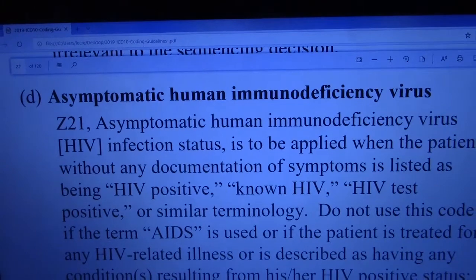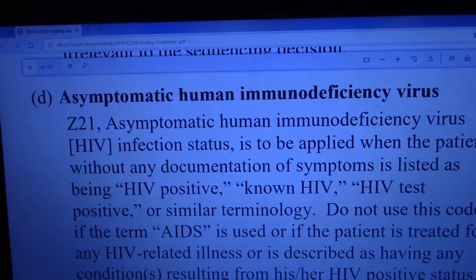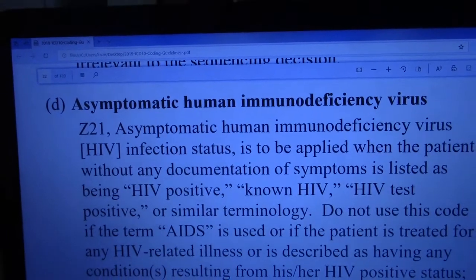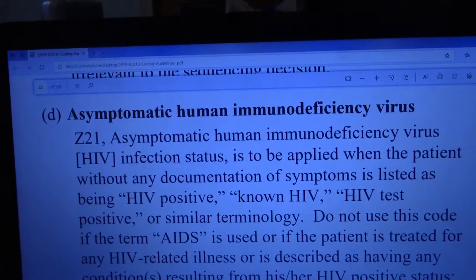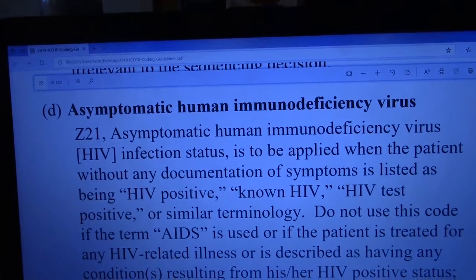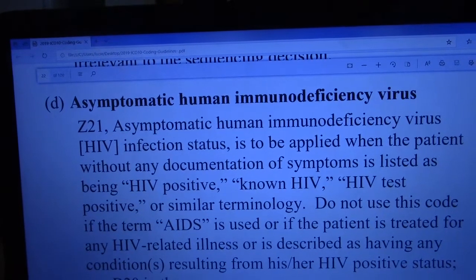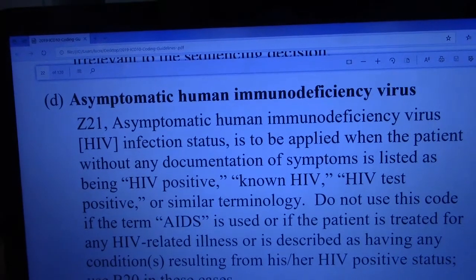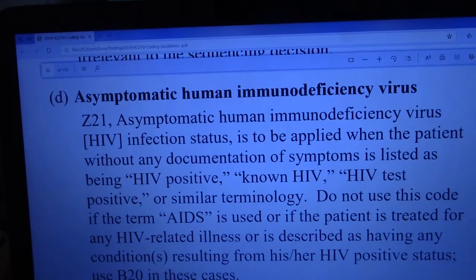Human immunodeficiency virus. Z21, asymptomatic human immunodeficiency virus HIV infection status, is to be applied when the patient, without any documentation of symptoms, is listed as being HIV positive, or known HIV, or HIV test positive, or similar terminology.